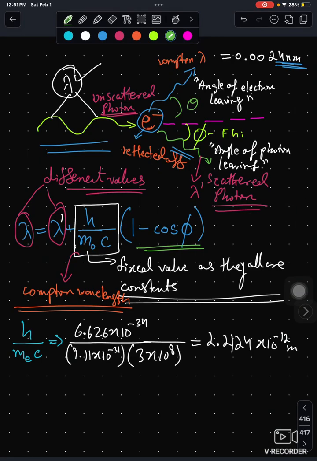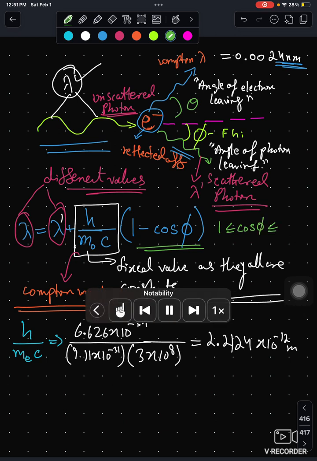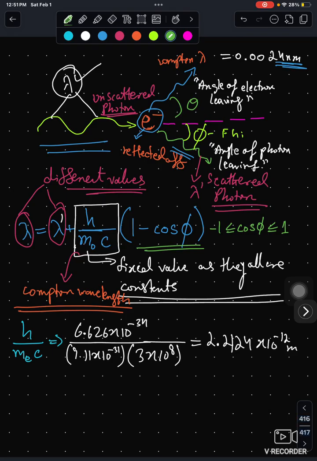This cos phi can have values between 1 and minus 1.